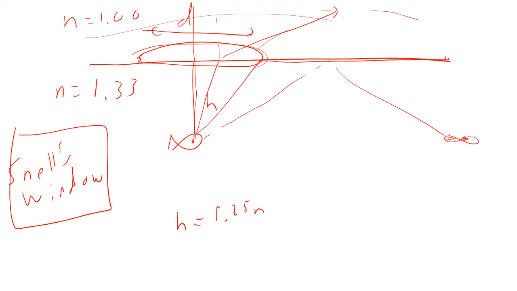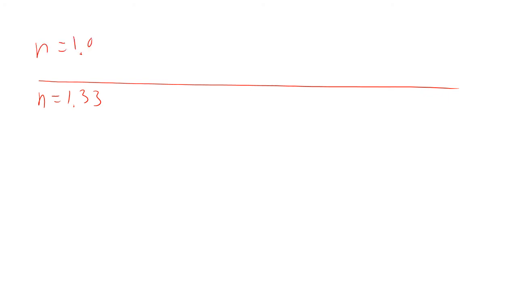Let's clean up my picture a little bit. We have water below, air above, and the fish down here at some depth h. Here's the critical angle. The critical angle is really defined right there, but that's going to be the same as this angle right here.